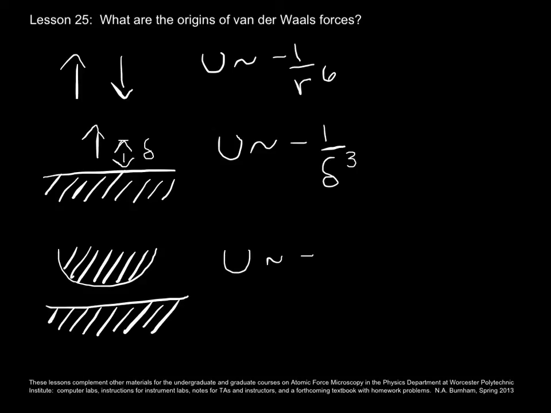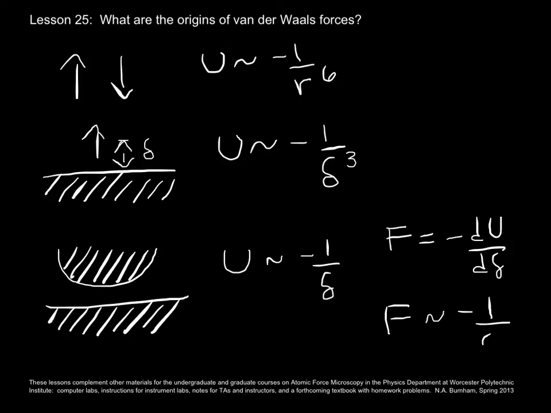and you get 1 over distance, and you know that force is the negative derivative of potential. And so, eventually, we know that force between a hemispherical tip and the sample surface should go as an attraction and the inverse distance squared.